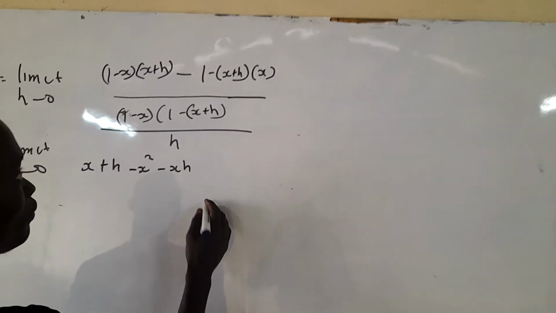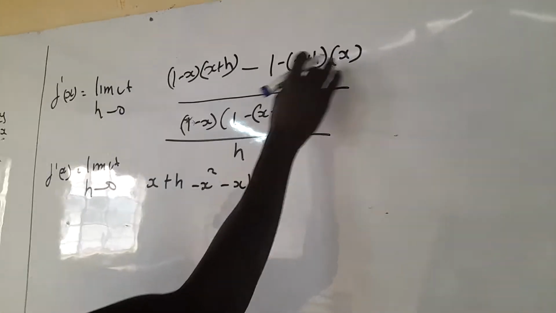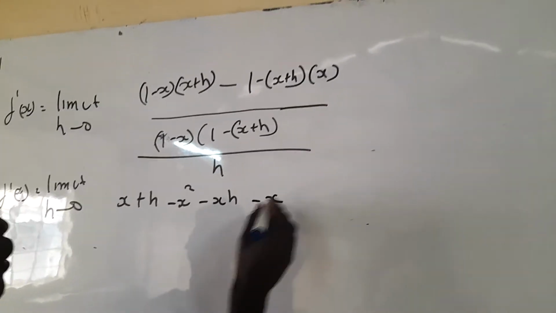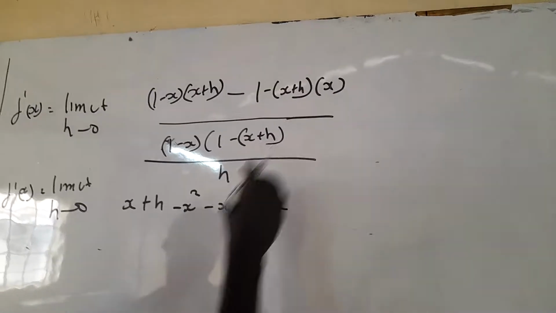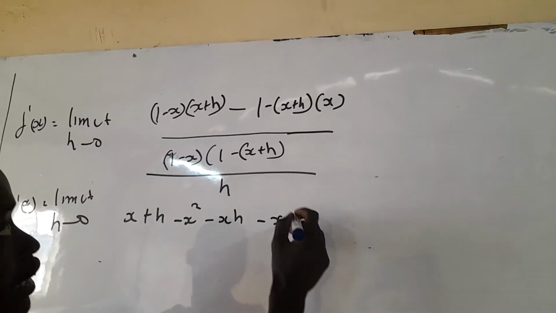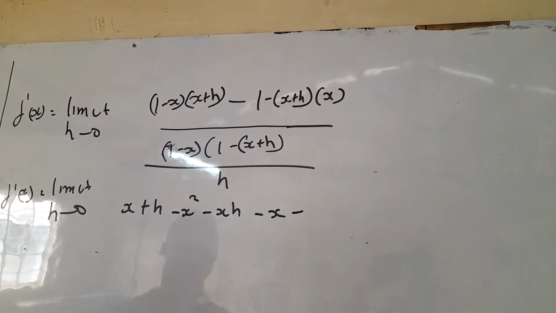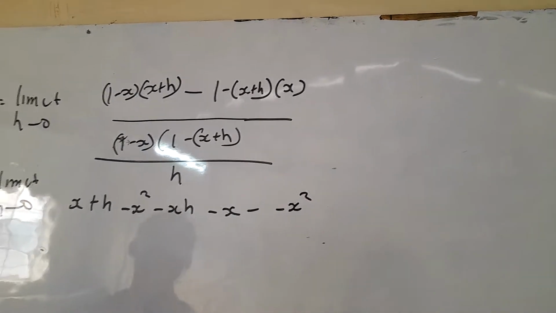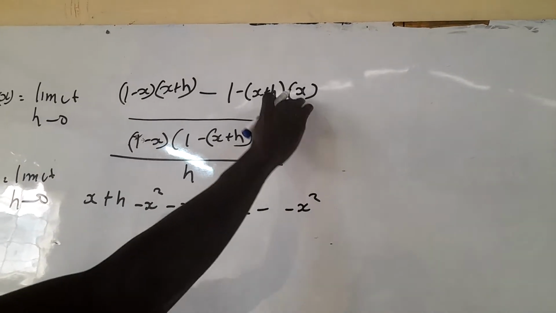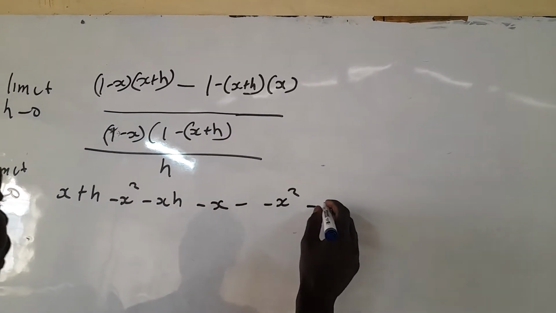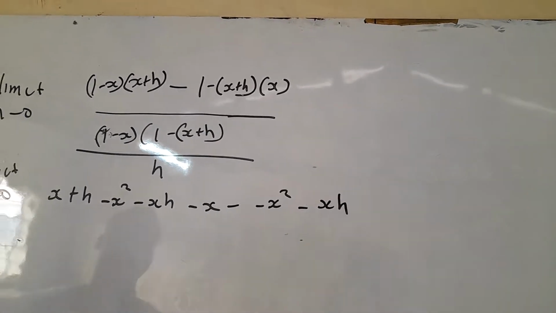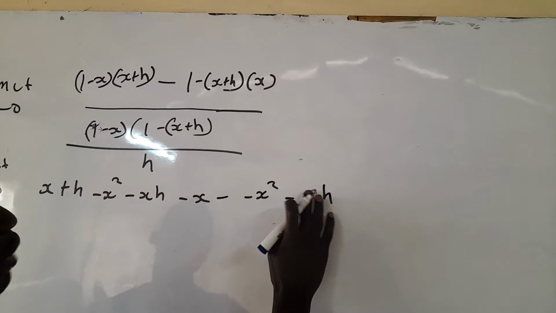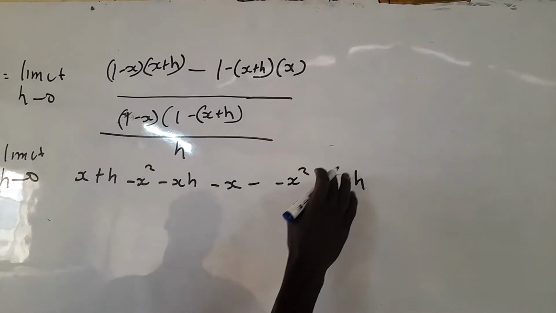So I just have x times this one. x times this one will be negative x squared, then x times this one will be plus xh.